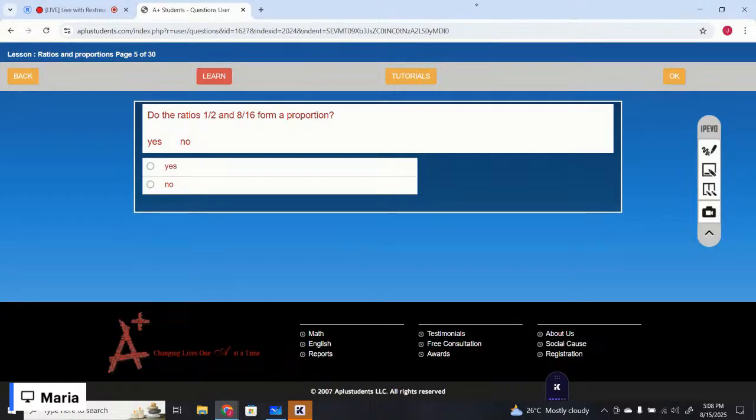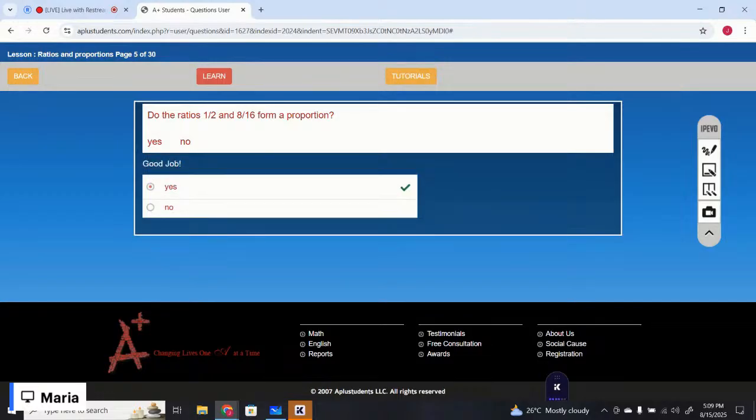Do the fractions 1 by 2 and 8 by 16 form a proportion? So which is the correct option? Yes, they do form a proportion. Option number 1 is the correct option.